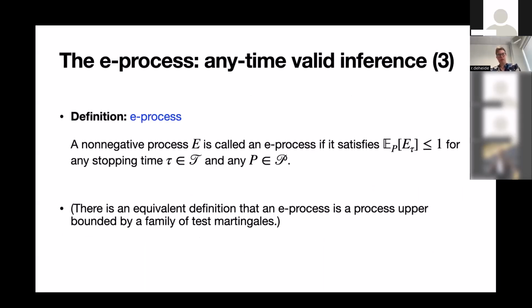So what's an e-process? An e-process is a non-negative process that satisfies that its expectation under any distribution in the null hypothesis for any stopping time is bounded by 1. So an e-process is just a stochastic process that for every time that you can stop, its expectation does not exceed 1. And there are equivalent definitions of that in terms of test martingales.